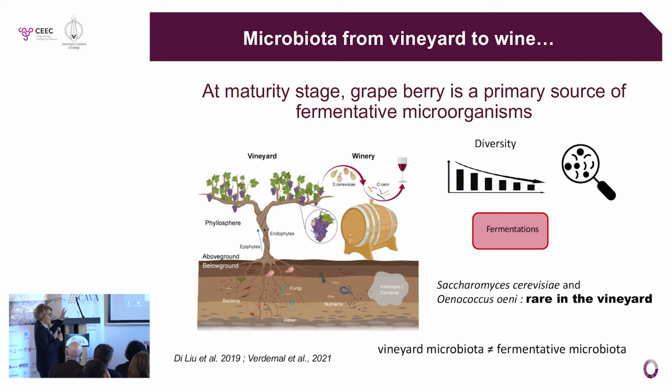They are not well adapted to the environment. Their specific niche is really the fermentative process and fermentative beverages. Taking into account this strong modification of the medium, we should consider that vineyard microbiota is quite different from fermentative microbiota due to this selection and decrease of diversity.